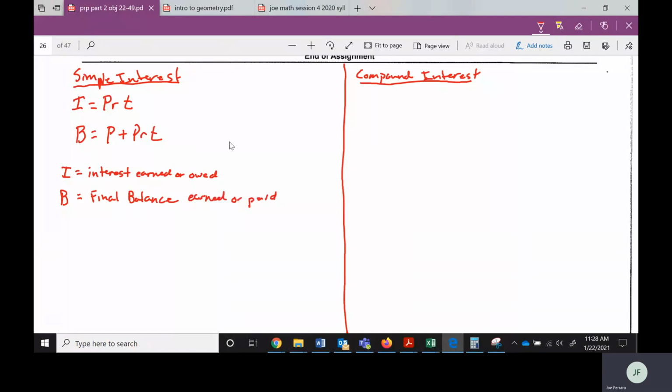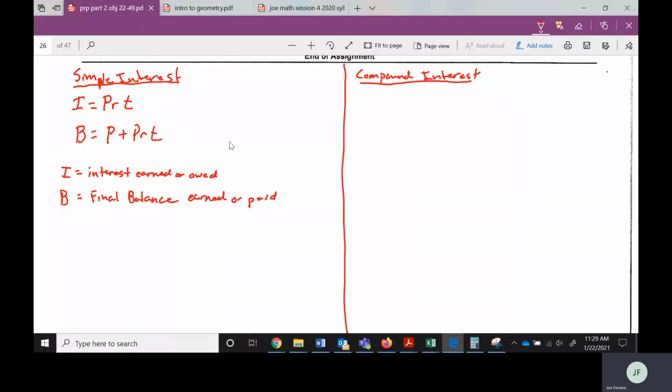So in those two examples I said, if you put $100 in the bank and at the end of a certain amount of time you had 105, 105 would be the capital B, how much money you actually have. Or if you borrowed $100 and then over time you had to pay 120, that was the final amount that you paid, was 120.